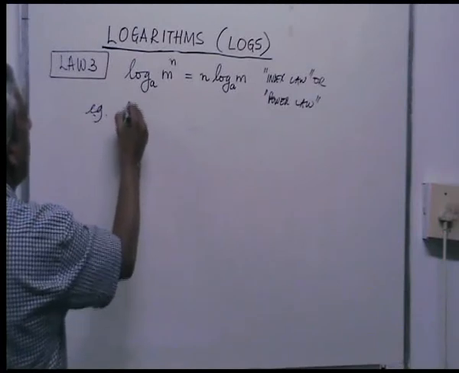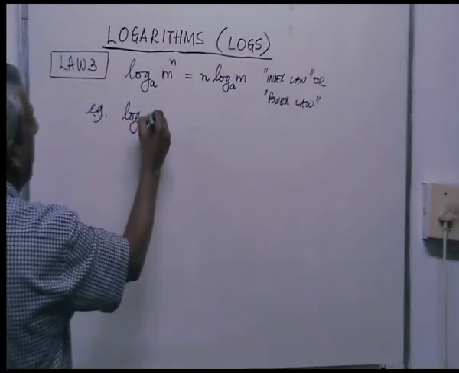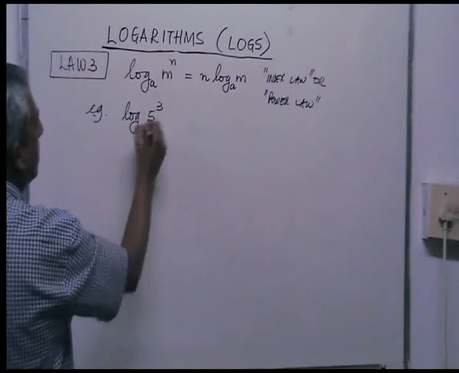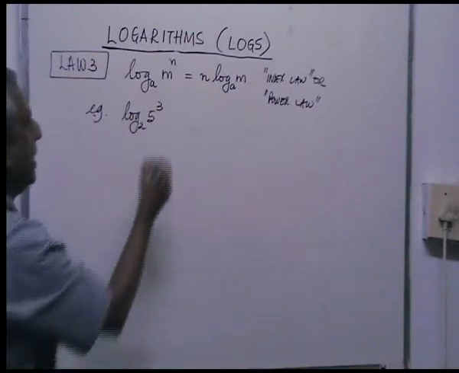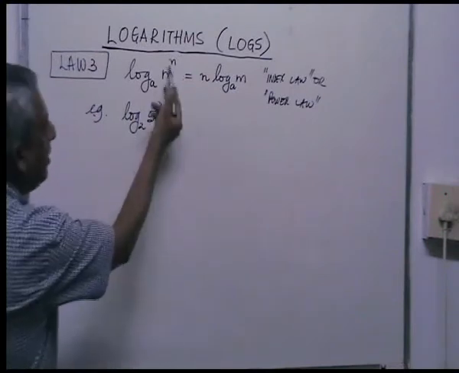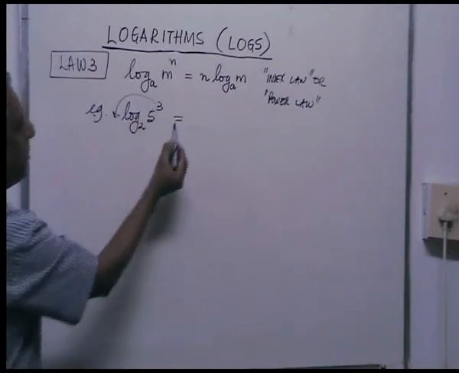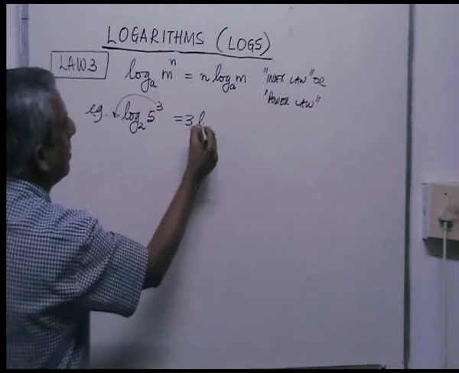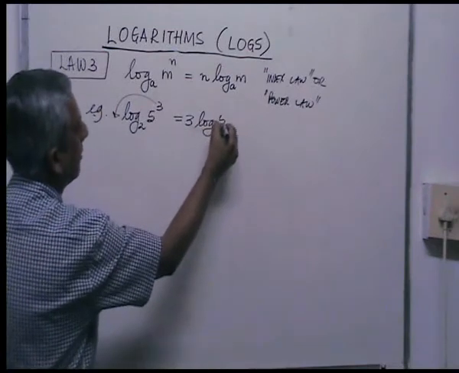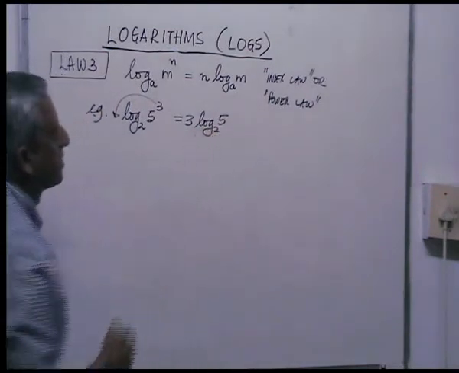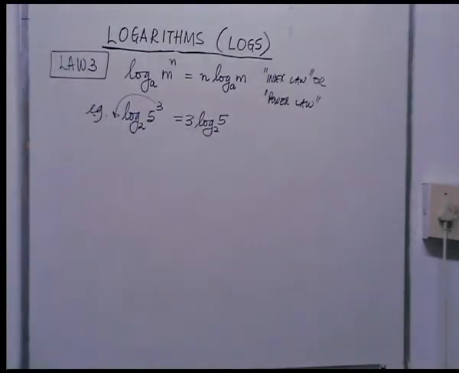If I had log of 5 cubed to the base 2, then according to that law there, this index will come over to the front here. So it will be rewritten as 3 log 5 to the base 2. That's what law 3 says. It says that you can bring that index right to the front over here. So you get 3 log 5 to the base 2.